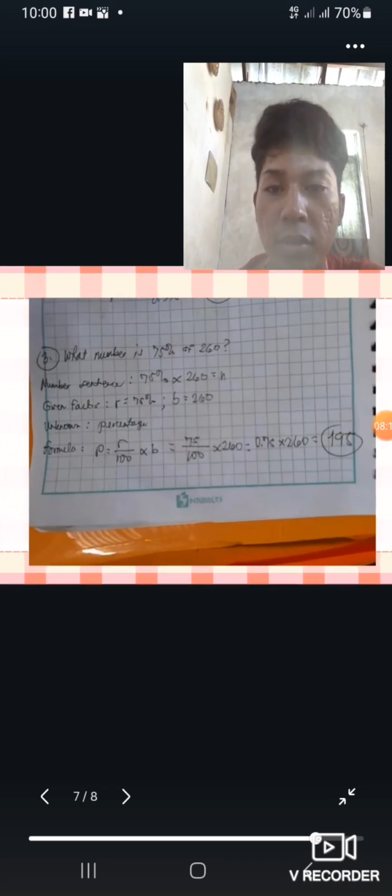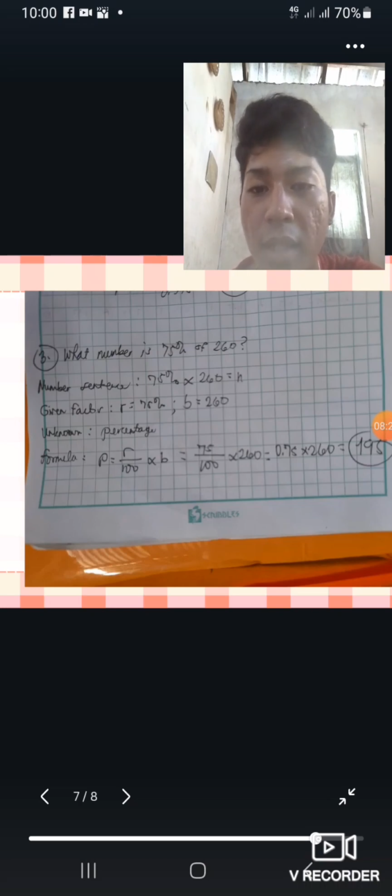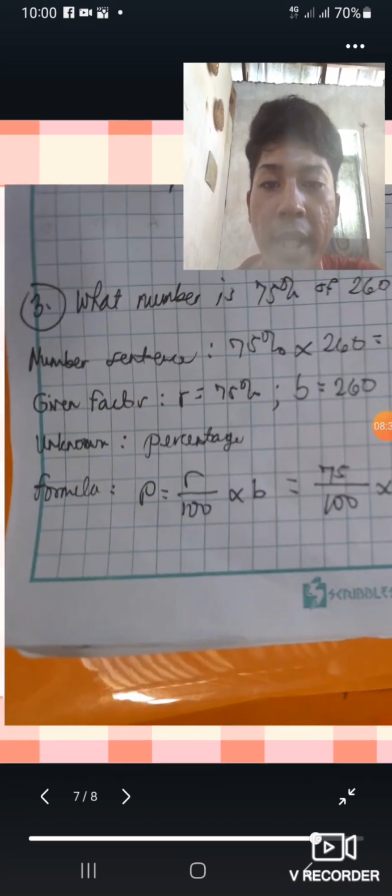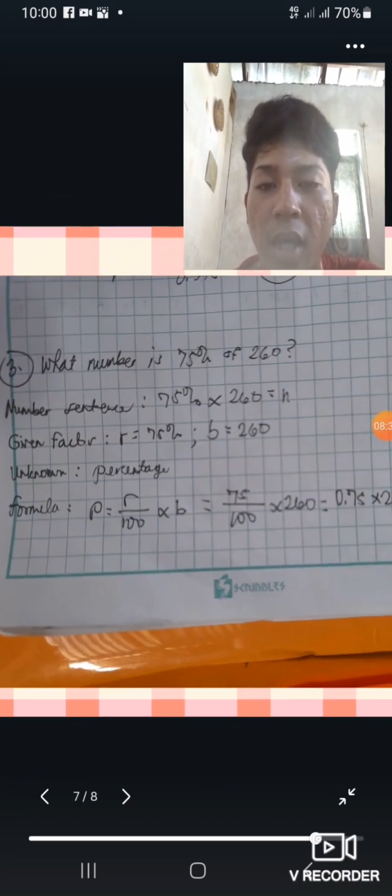Now let's go to number 3. What number is 75% of 260? We have the number sentence 75% times 260 equals n. Given facts: the rate equals 75% and the base is 260.